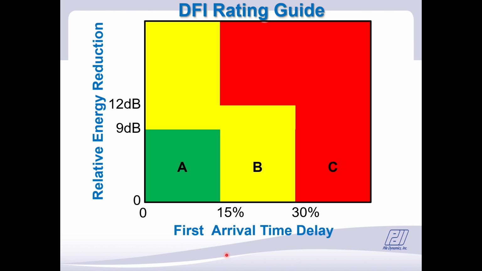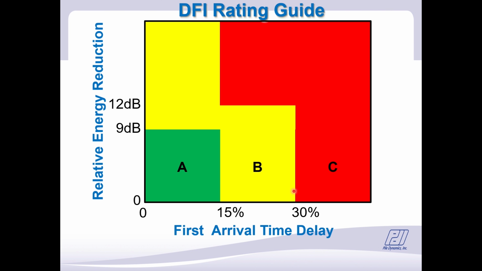We came up with a recommendation for classifying these anomalies based upon both first arrival time delays as well as the relative energy reductions. So if we have a first arrival time delay that's less than 15% and the relative energy reduction is less than 9 decibels, we call that a Class A. In other words, that's basically good quality concrete.